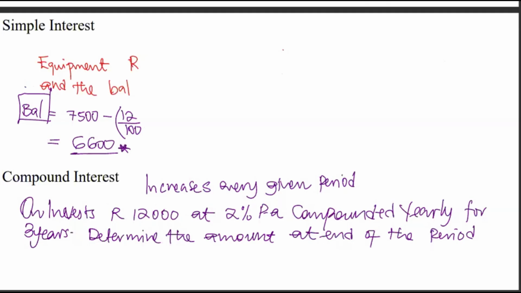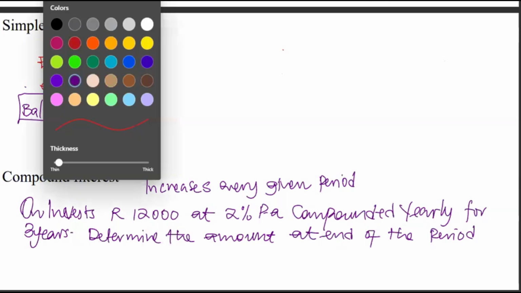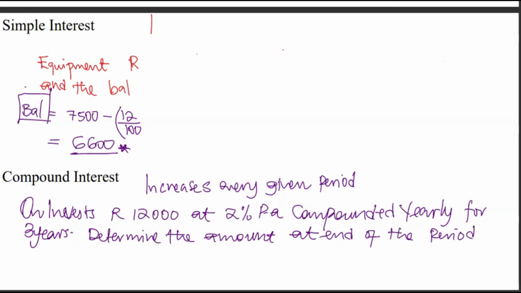Now, if it's compounded, let me calculate the compound interest here. We are saying compound. Because there are 3 years, in the first year the person will take 2 over 100 times the money.